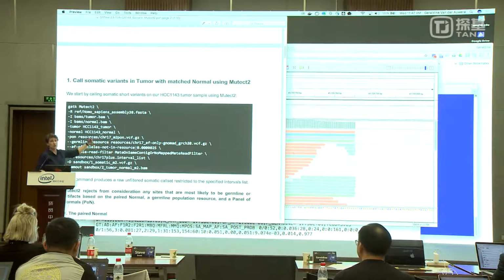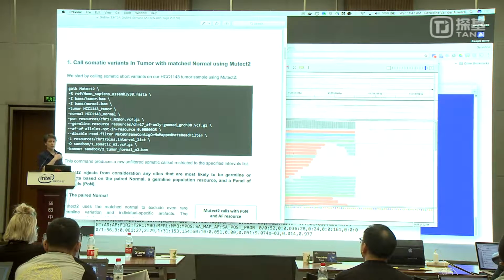Because as these resources grow, and as our catalog of human variation grows, we'll be able to eliminate more and more of the germline calls from tumor-only call sets. Okay? Because that's how we're going to get rid of what's germline. That's our main way of doing it.